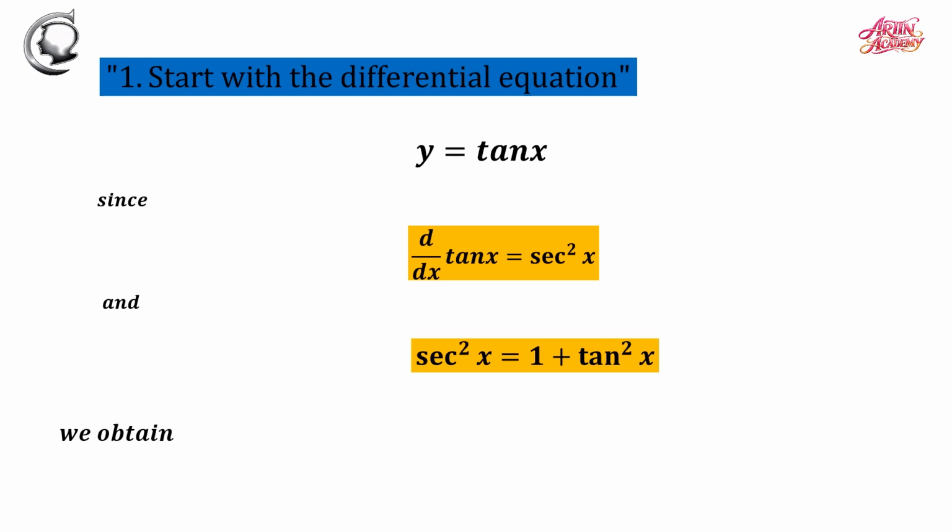Since y equals tangent of x, we can write y prime equals 1 plus y squared. Also, y of 0 equals 0, because tangent of 0 equals 0. So instead of directly calculating many complicated derivatives of tangent, we'll use the much simpler differential equation y prime equals 1 plus y squared.